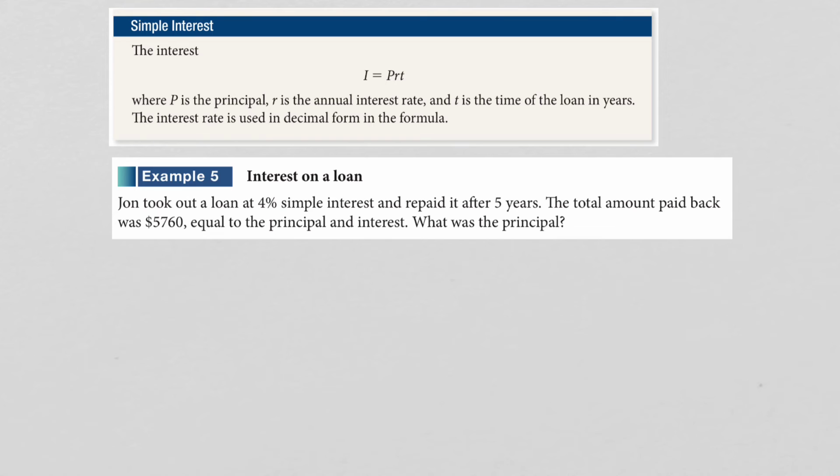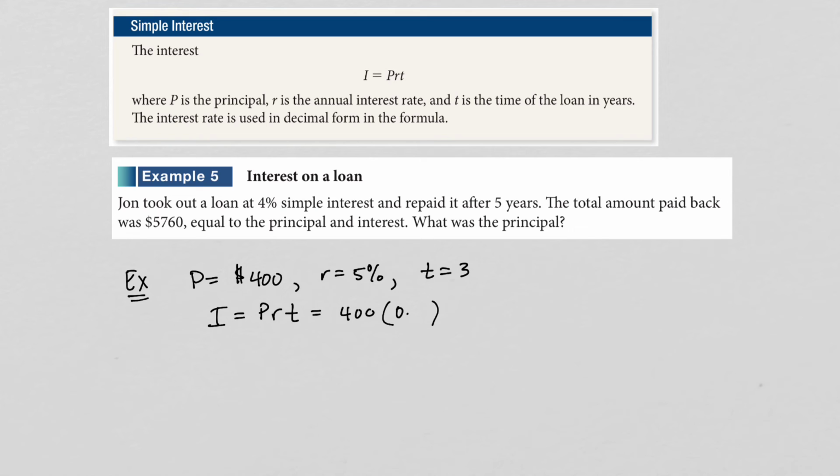So as a simple example, if we had a principal of $400 and we put it into an account at an interest rate of 5%, and we leave it in the account for 3 years, the amount of interest we will have at the end of 3 years will be P times R times T, which would be 400 multiplied by the interest rate R, which we need to change to a decimal, 0.05, and then multiplied by 3.